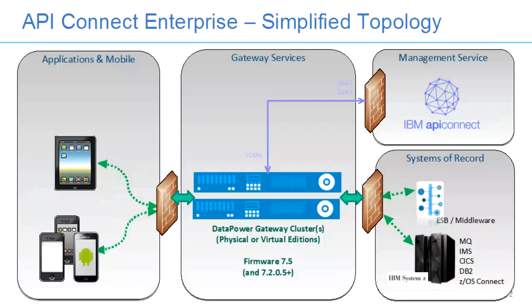The one thing that's worth mentioning here is that API Connect does require DataPower Firmware 7.5. The reason is that we wanted to have the latest and greatest, and made some DataPower firmware changes in order to provide the new set of capabilities that we're going to be talking about today.